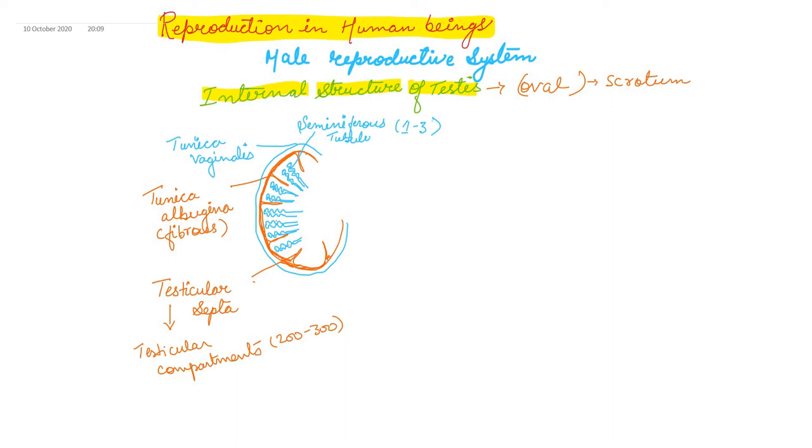Let's take one example to understand the things. We are taking a maximum case. Every testicular compartment has three seminiferous tubules.